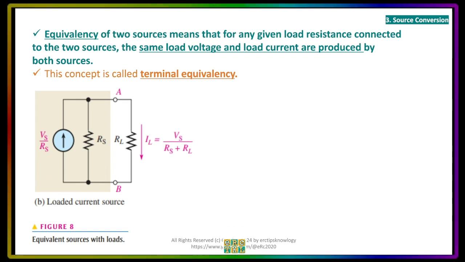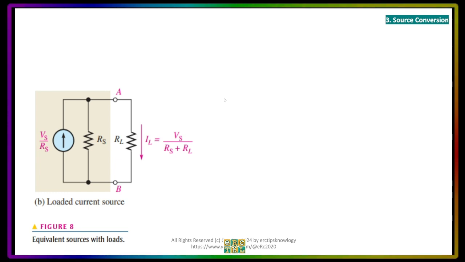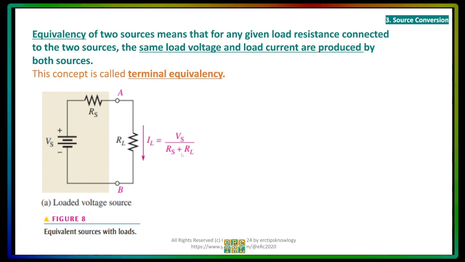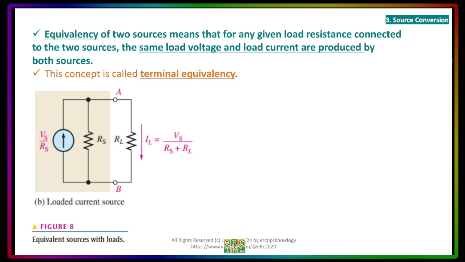Equivalency of two sources means that for any given load resistance connected to the two sources, the same load voltage and load current are produced. So as we have shown before, the value of the IL when you are using the practical voltage source is equal to Vs over Rs plus RL. Now, if we are using the current source, the IL will also be Vs over Rs plus RL.